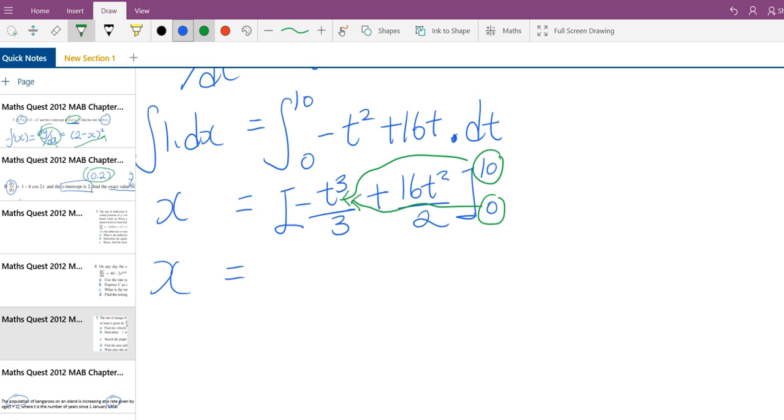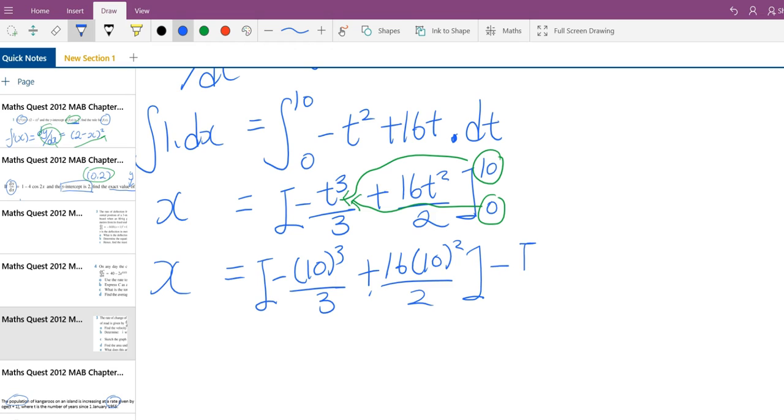So what I mean is this. First we put 10 here as t, and then minus the whole thing with 0 in it. That's what we call a definite integral.